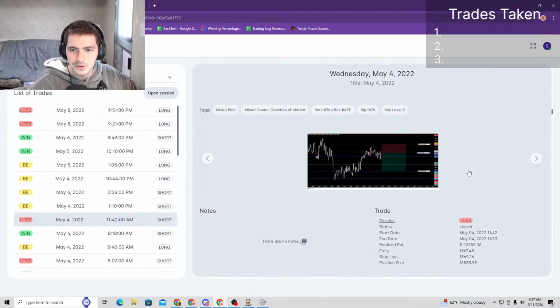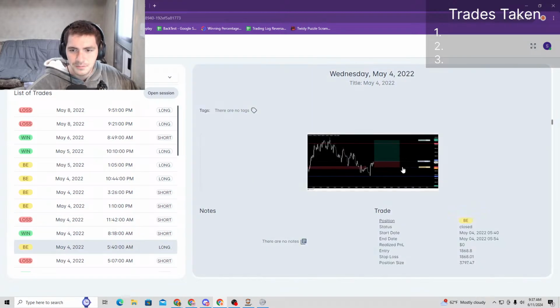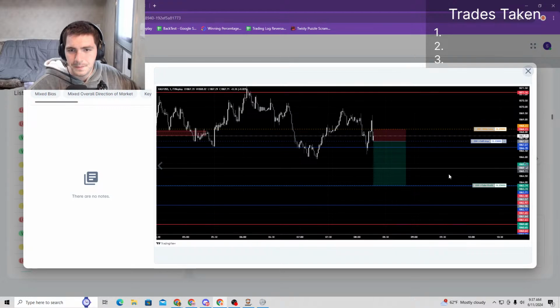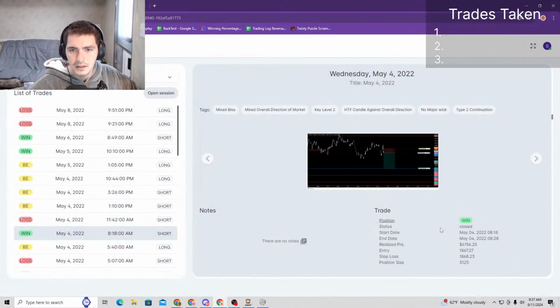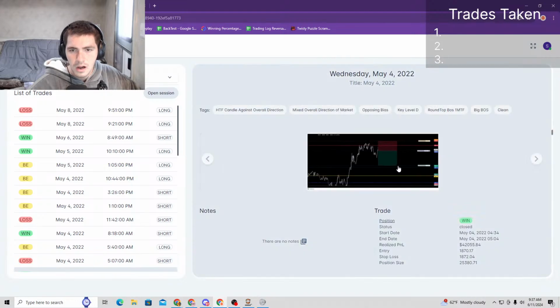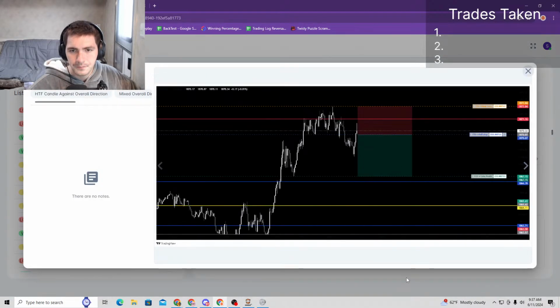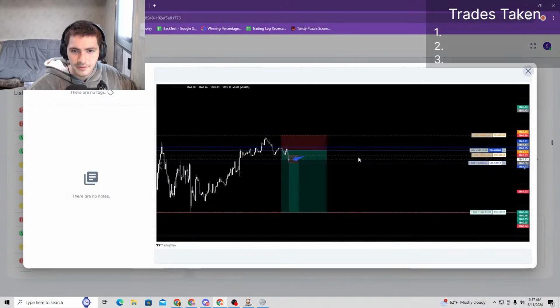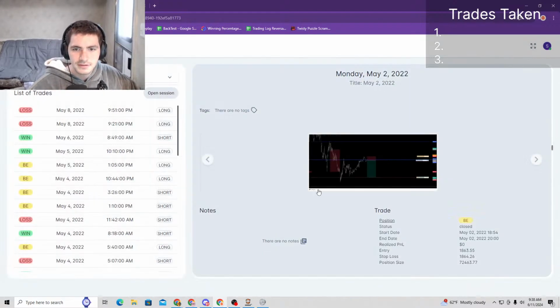I always go break-even because I've been testing how big I can get right now, but that's not a good one. I want to find a clear example. This is clear. This is obvious. This is a clear and obvious trade.